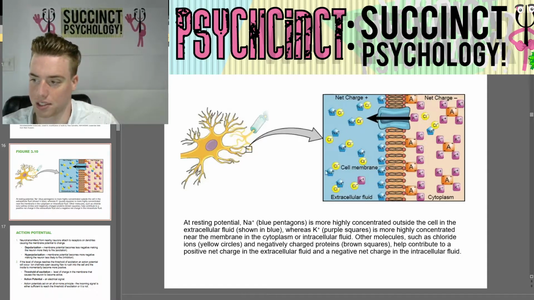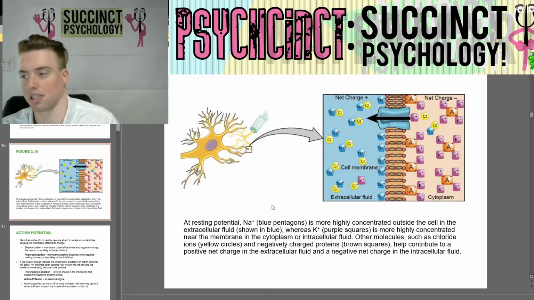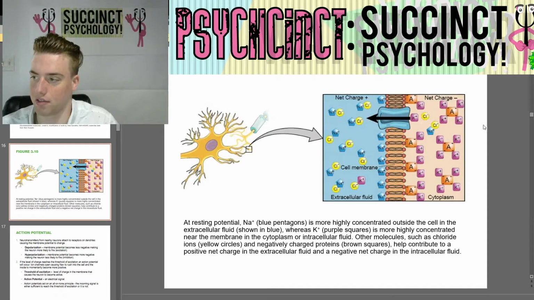So extra is outside the cell, intra is in. Other molecules, such as chloride ions, these yellow circles, seen here, and negatively charged proteins, big brown squares, help contribute to a positive net charge in the extracellular fluid and a negative net charge in the intracellular fluid. So it's positive, negative.